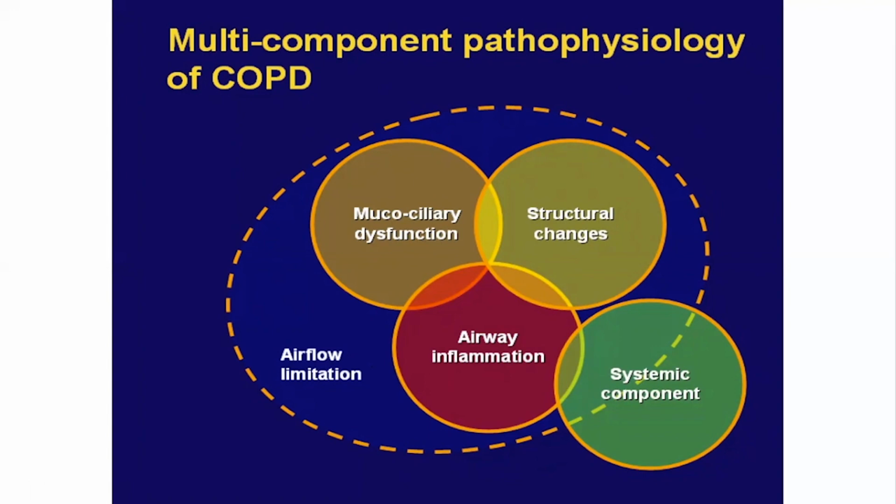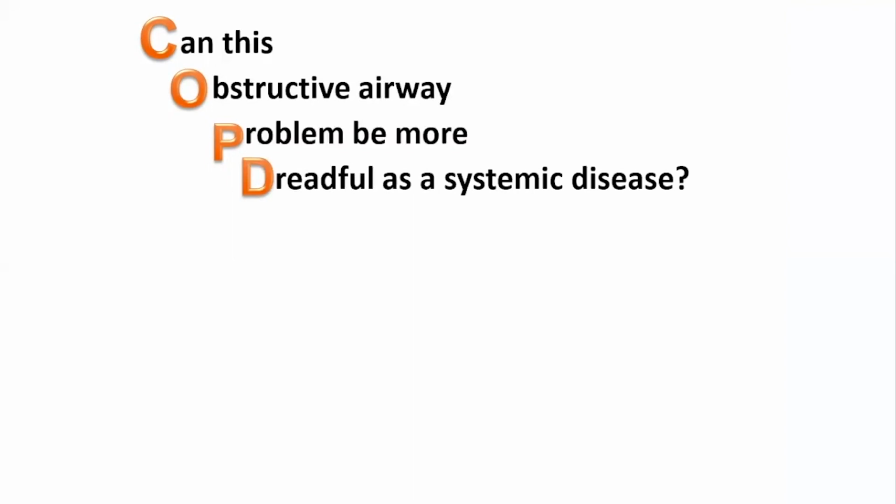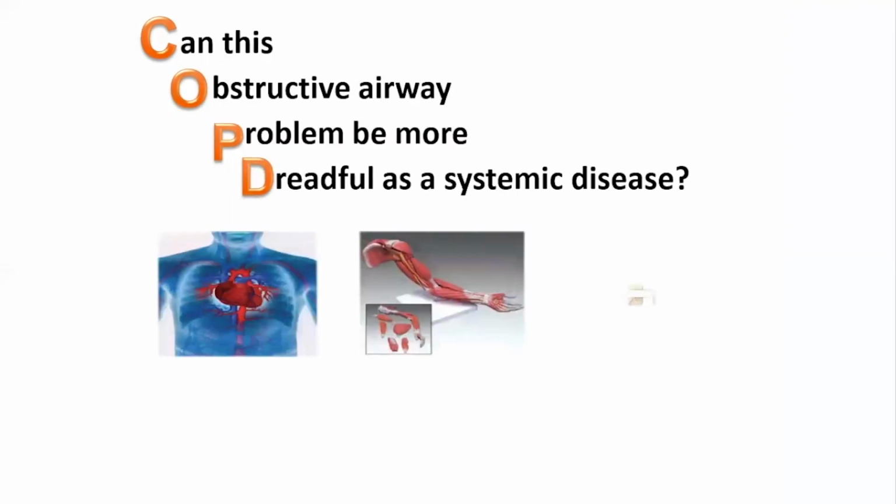So right now, we don't really look at COPD as an exclusive lung disease because there are systemic complications that can happen. So I pose this question: can this obstructive airway problem be more dreadful as systemic disease?